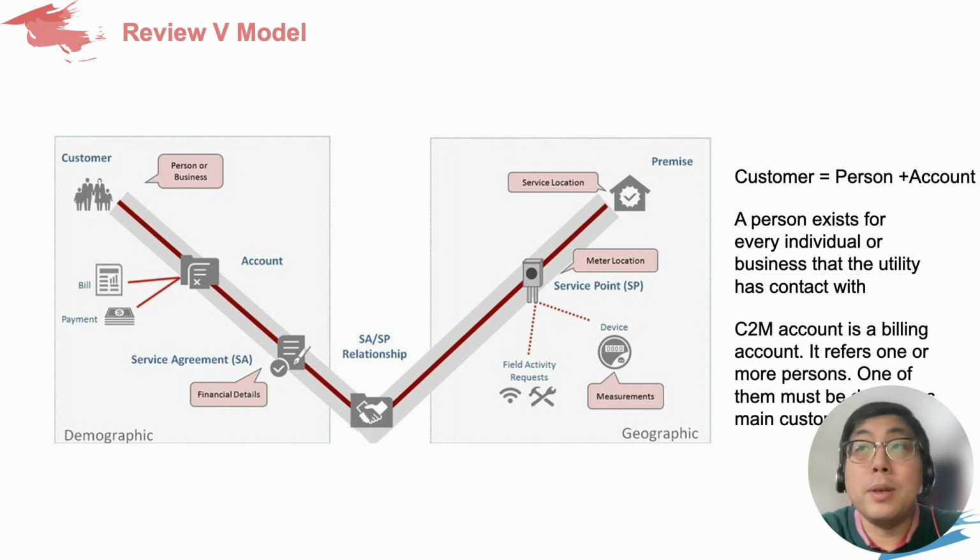The person could be other roles, and very often you will hear other roles like broker, third party intermediate, TPI, or managing agent, or any other related parties, for example, landlord. So these can all be person in C2M.